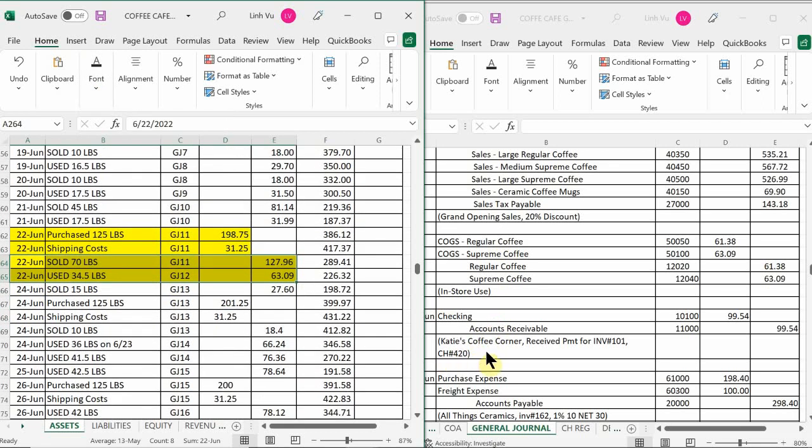Checking in accounts receivable for $99.54.